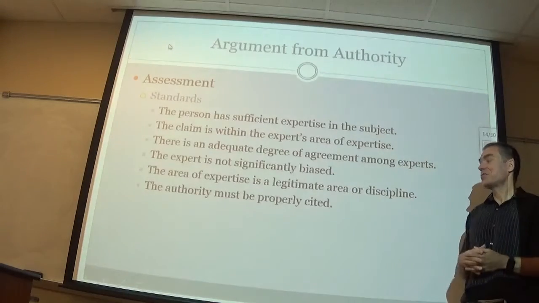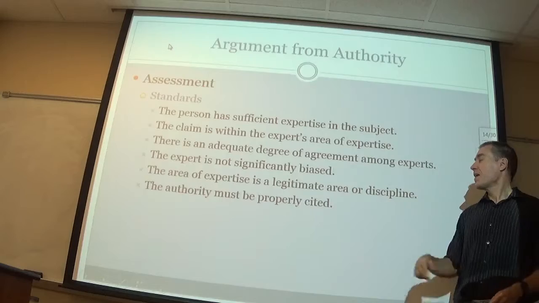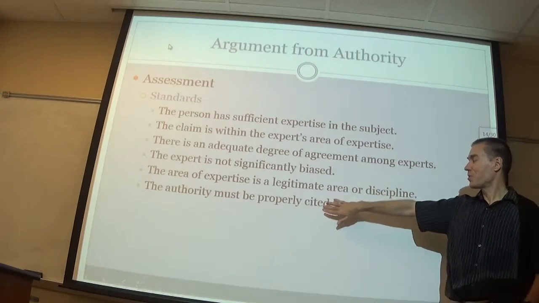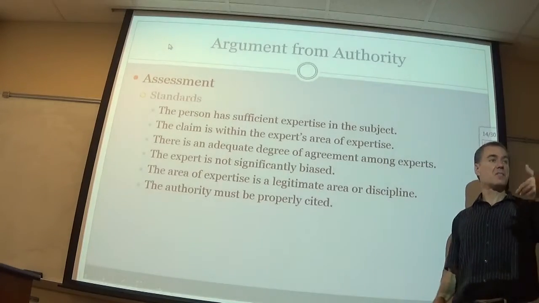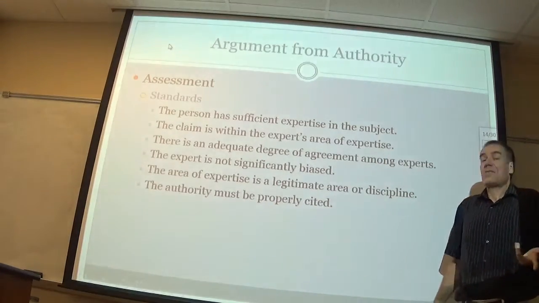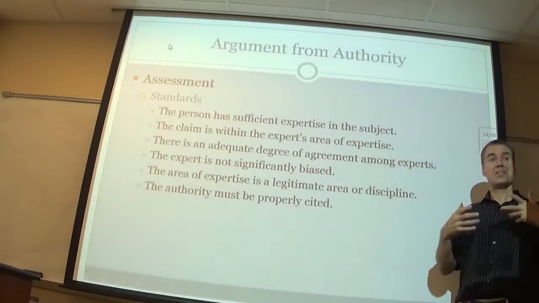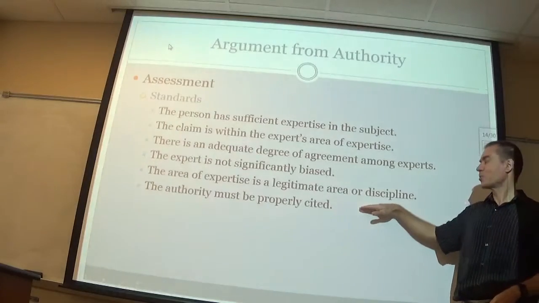And a good question is, who are those people? Is the journalist just making stuff up? Because if you don't know who the authority is, you can't apply these standards. If someone says experts in artificial intelligence say, you'd have to ask, are they really experts? Who are these people? So you should always be aware of anonymous sources.